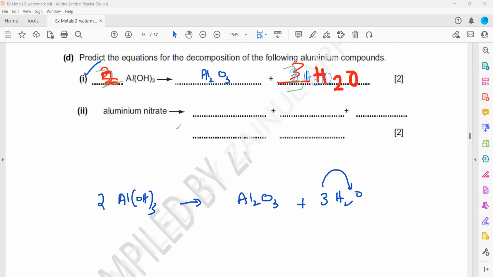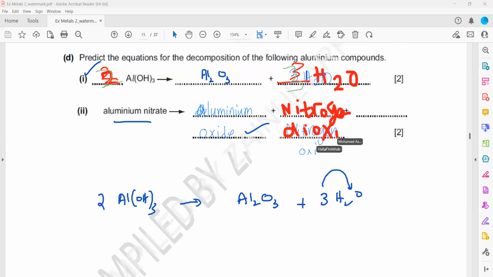Aluminum nitrate, here we have to write a word equation. Whenever a metal nitrate is heated, from zinc, from calcium till copper, they have the same products. So aluminum oxide, good. A word equation we have to write. Nitrogen dioxide usually forms. Nitrogen dioxide, it should be 'di' here.